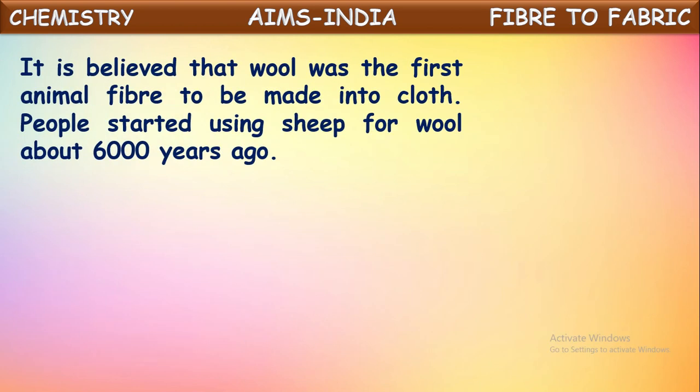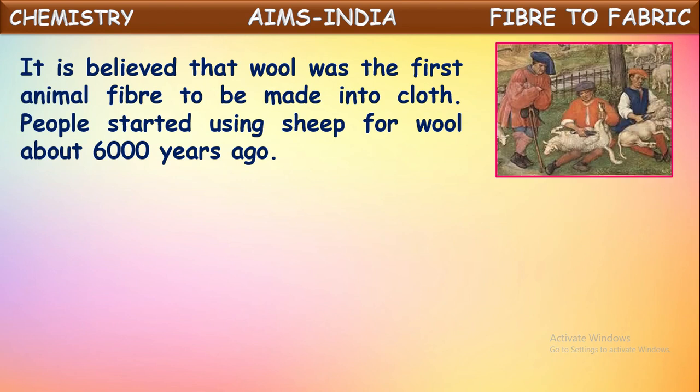It is believed that wool was the first animal fiber to be made into cloth. Earlier they had started to weave cloths from plant fibers, but it is believed that the first animal fiber used was woolen fiber, from the hair of sheep.